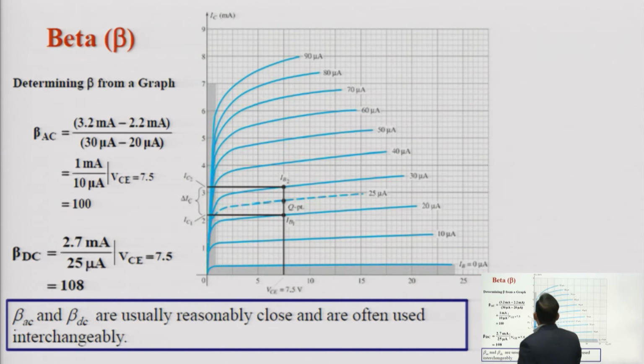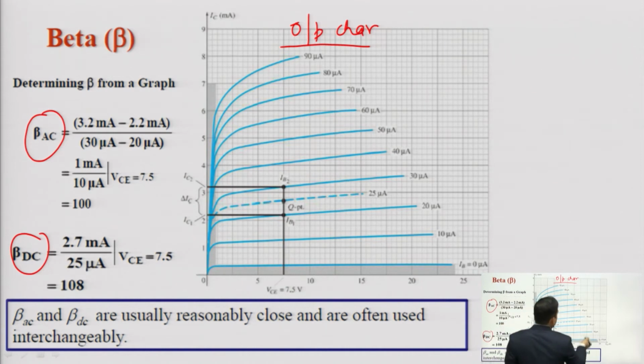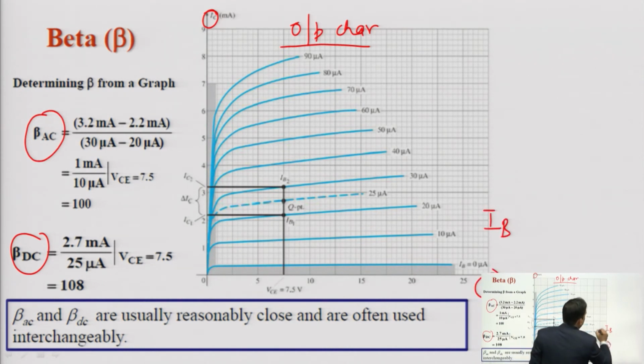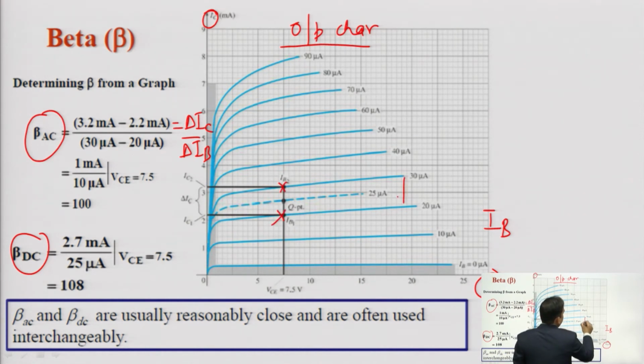So from this particular output characteristic we will see how we can find out beta AC and beta DC. Let us say this output characteristic is visible, which is IC versus VCE for different values of base current. While calculating beta AC, this is nothing but delta IC by delta IB. So corresponding to two values of IB, let us say we have 2 points, this one and this one. What is delta IB here?